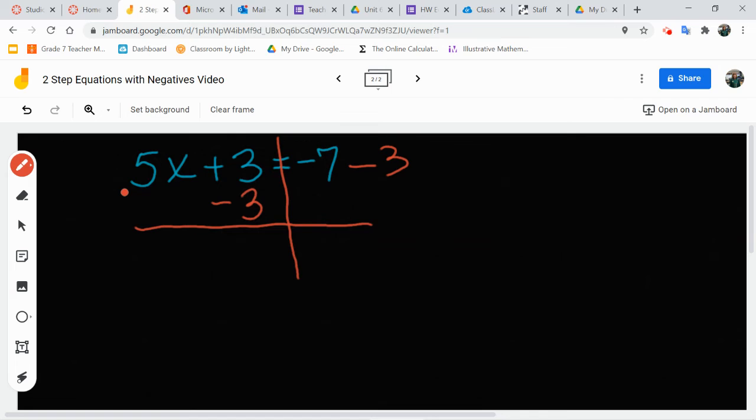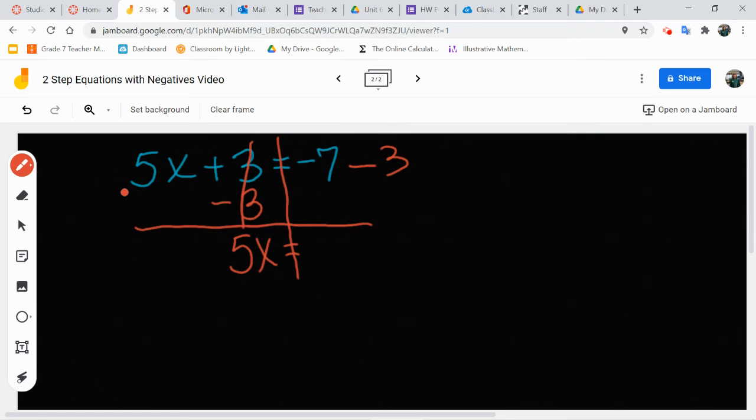Again, that's why I write this side horizontally so I can do any kind of math I need to with my integer signs and not miss them. All right, on this side, you have 3, a positive 3, negative 3, opposites added together give us 0. It's gone. 0 means none. We're left with 5 times x equals. On this side, we have negative 7 minus 3.